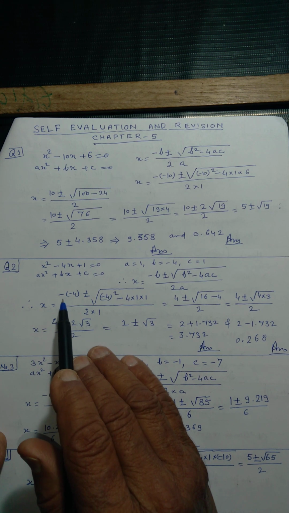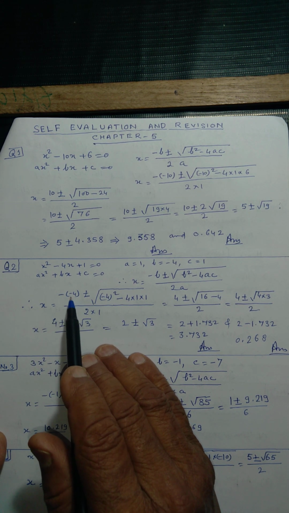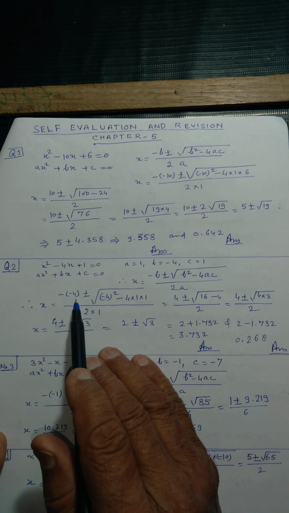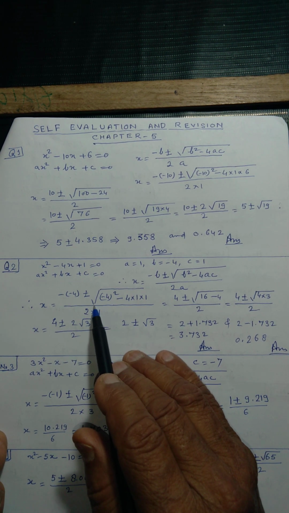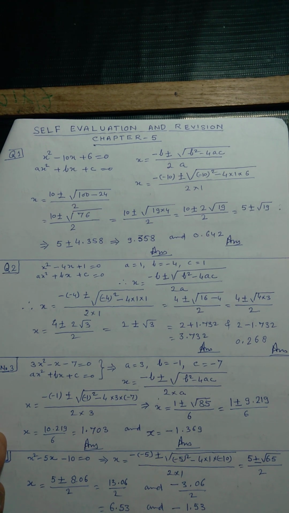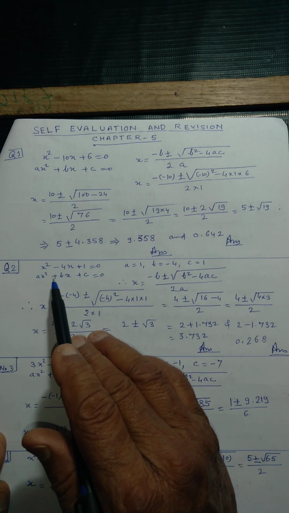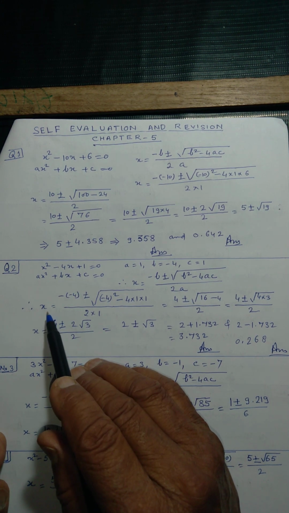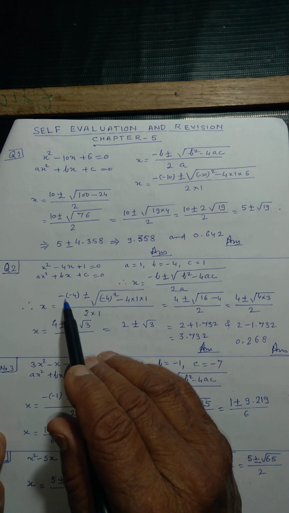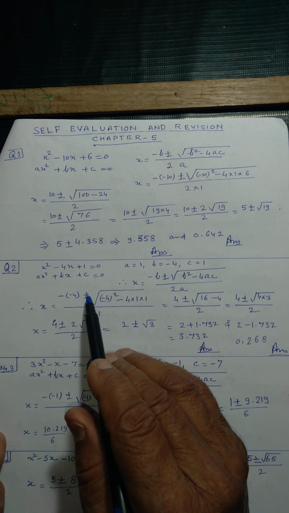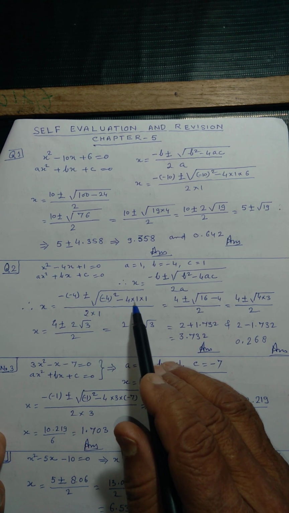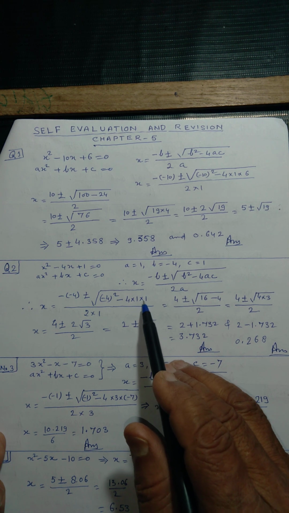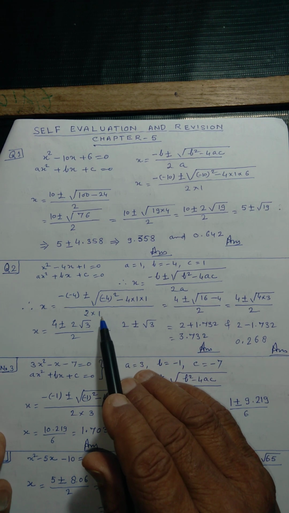Therefore, x will be equal to minus, inside the bracket, minus 4 plus minus root minus 4 whole square minus 4 into 1 whole divided by 2 into 1.